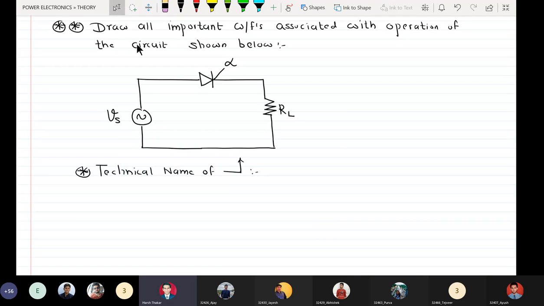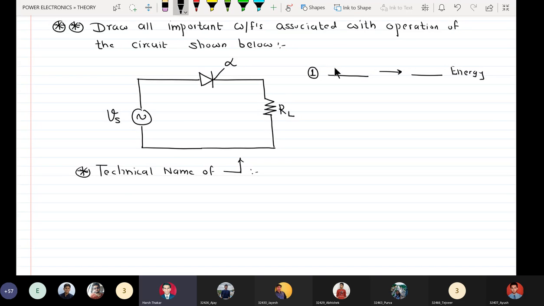Can anybody tell what is the technical name which can be given to this circuit? Okay, I will give you some hints. First, it is an energy converter. What do you think this circuit converts, electrical energy, from which form to another?